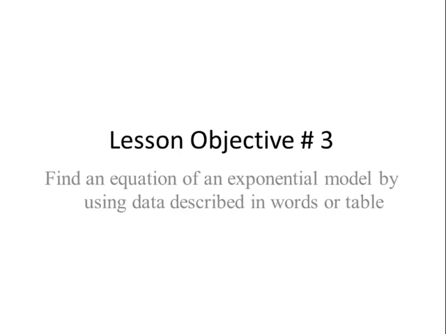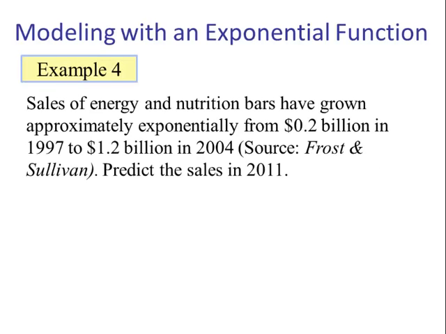Lesson objective. Example 4. The sales of energy and nutrition bars have grown approximately exponentially from 0.2 billion in 1997 to 1.2 billion in 2004. Predict the sales in 2011.